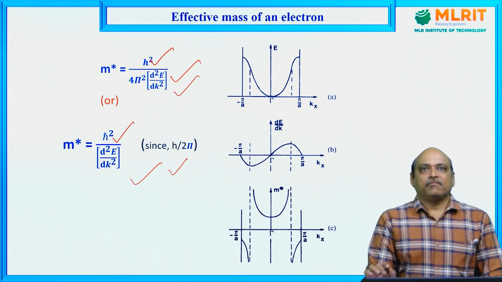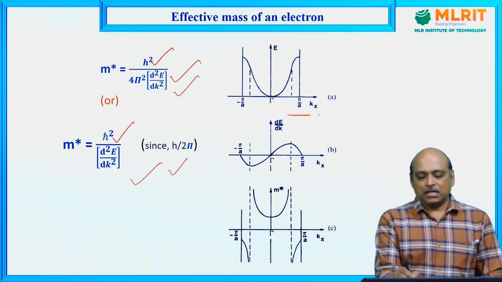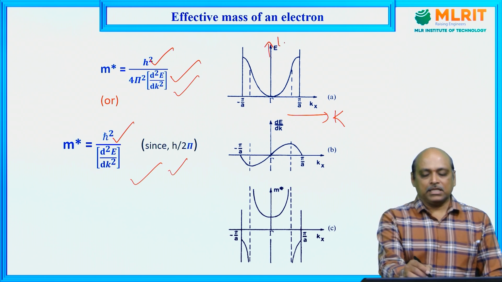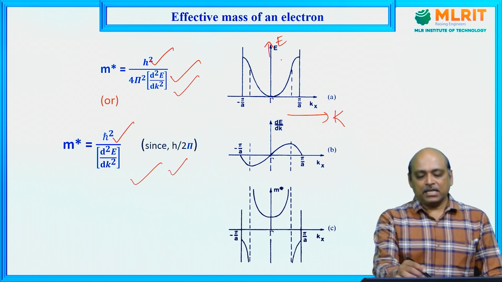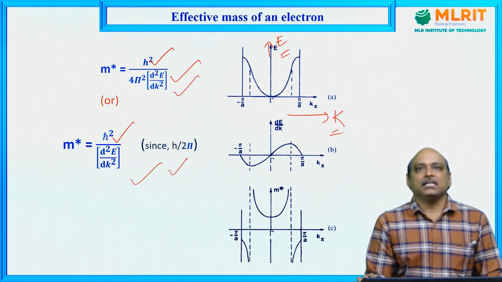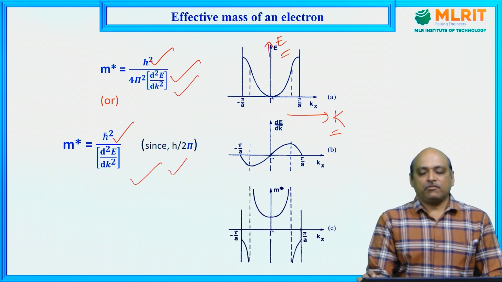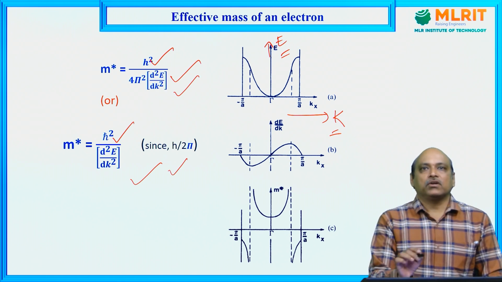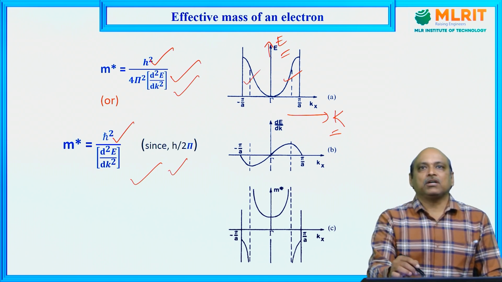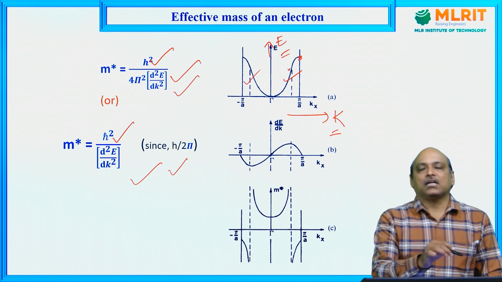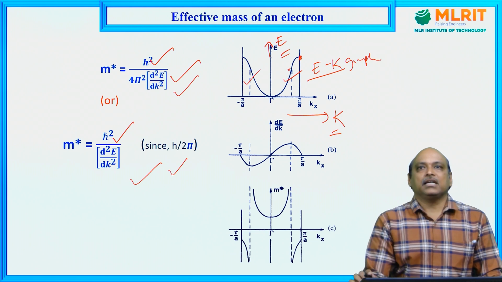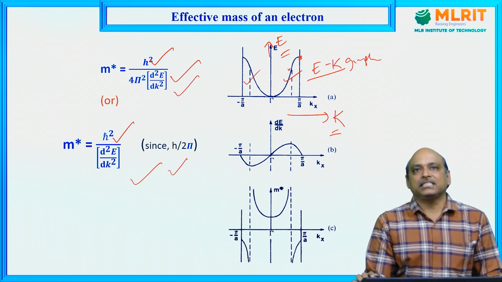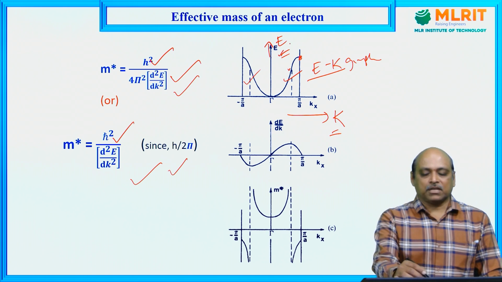Now one more important thing: k is the wave number, and E is the total energy of that moving electron. E versus k decides the energy of that moving particle. If you plot a graph, you are going to get parabolic shapes with discontinuities in between. This is what we call the E versus k graph. Here k decides the allowed and forbidden energy gaps of the moving electron.